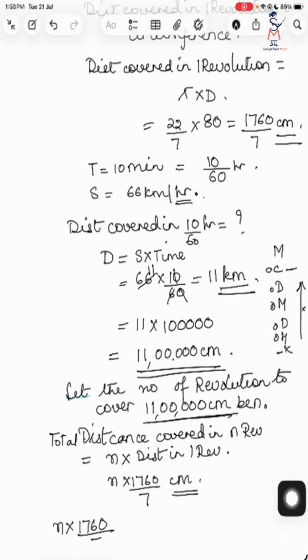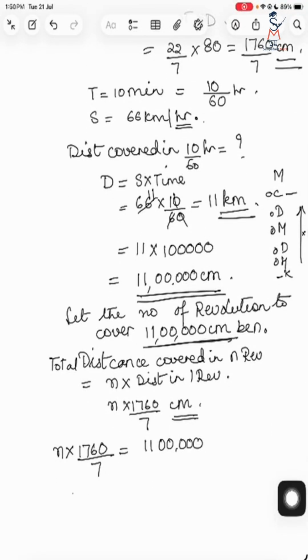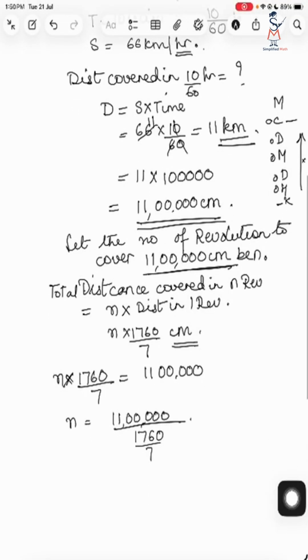So n into 1760 by 7 is equal to 11,00,000, right? So what will be n? It will be 11,00,000, the total distance, divided by 1760 by 7, because this is multiply, it goes here and becomes divide. Now this thing you can simply even do, this was to explain to you that the total distance covered in n revolutions is n into the distance in one revolution, which has to be equal to the distance we have found in 10 minutes.